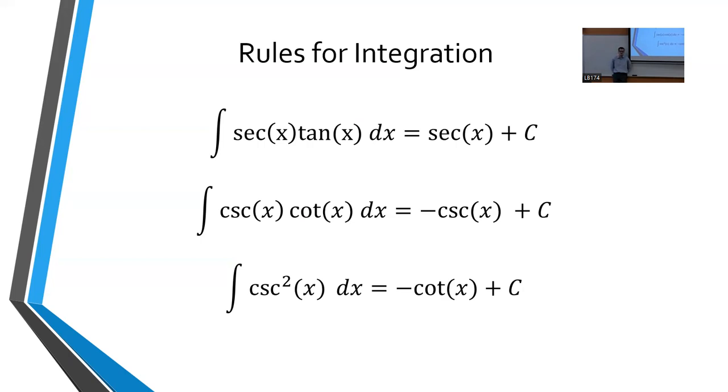And then if you take the derivative of cotangent, you get negative cosecant squared. So if you take the antiderivative of cosecant squared, you get negative cotangent plus c.